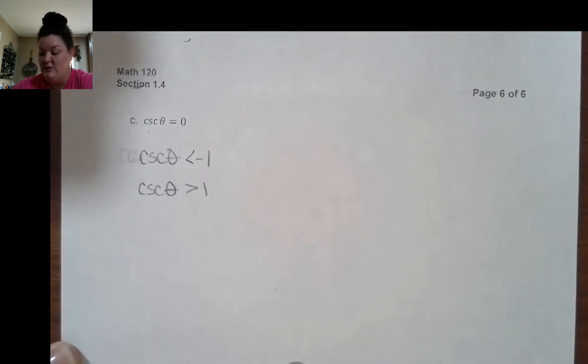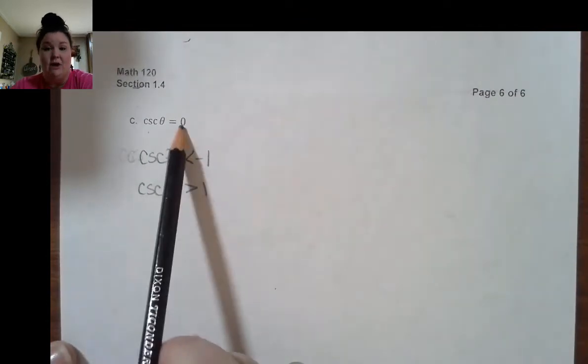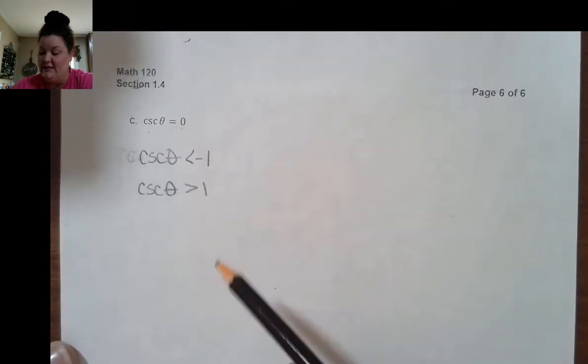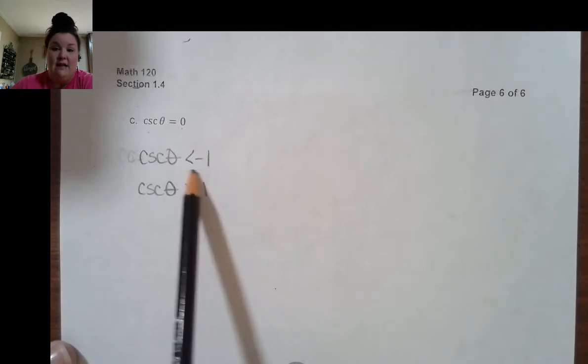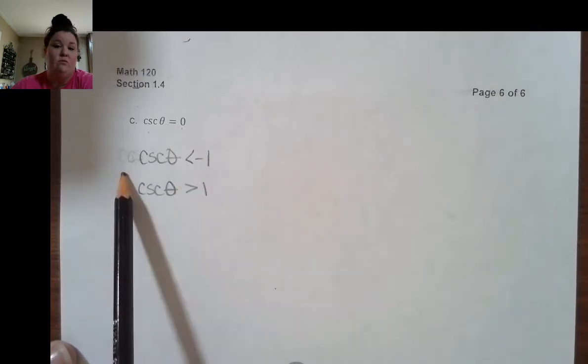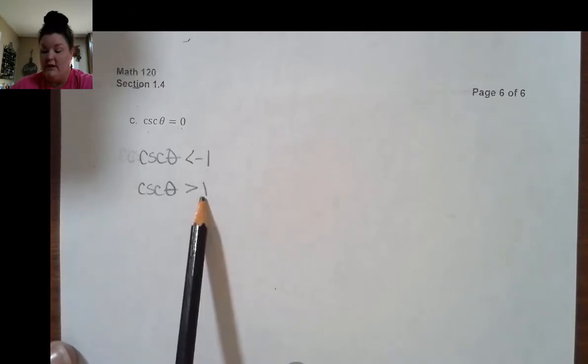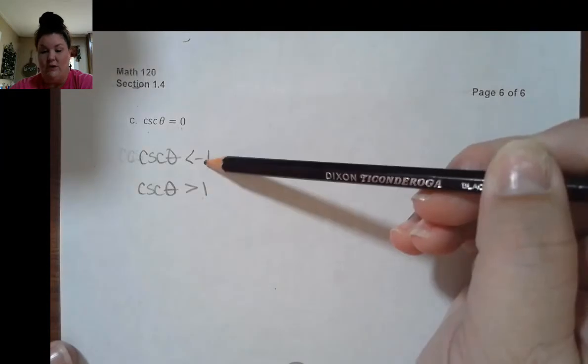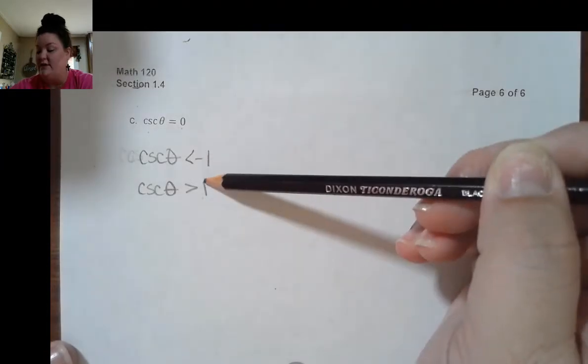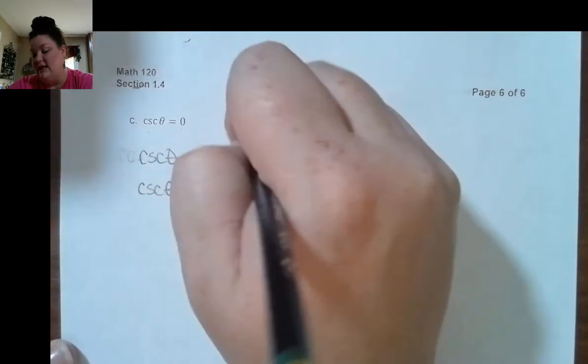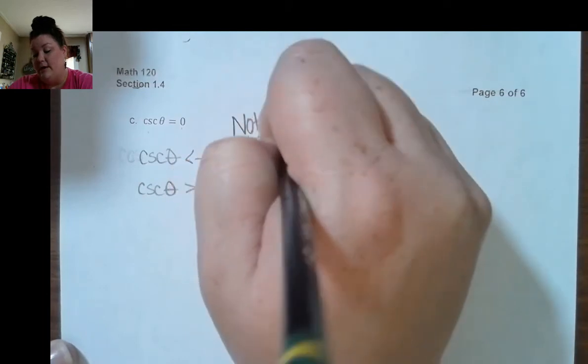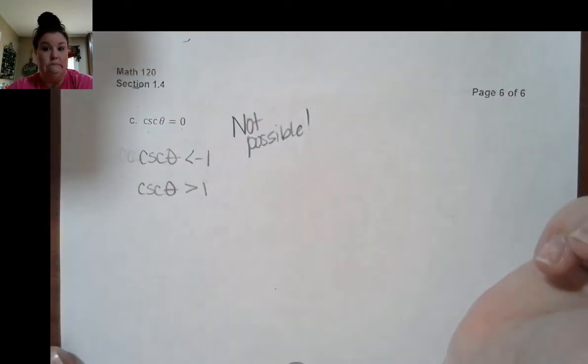So this is asking, can it be 0? Well, that's not possible, because it either has to be smaller than -1, so like -2, -1.999, -1.0795, right? Or things that are bigger than 1. So anything between -1 and 1, it cannot take on those values. So again, here, this is a not possible one. Okay.